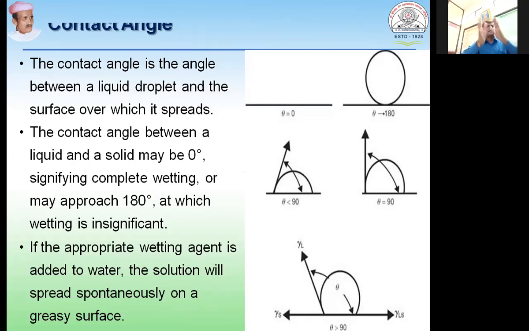In that case, if we use an appropriate wetting agent, it will decrease the interfacial tension that exists between the liquid and solid surface and help the liquid molecule spread spontaneously onto the greasy surface, increasing the interaction between liquid molecule and solid surface, leading to proper wetting of the solid surface by the liquid molecule, and this helps in detergency.